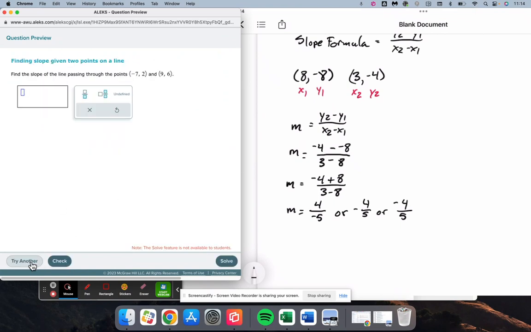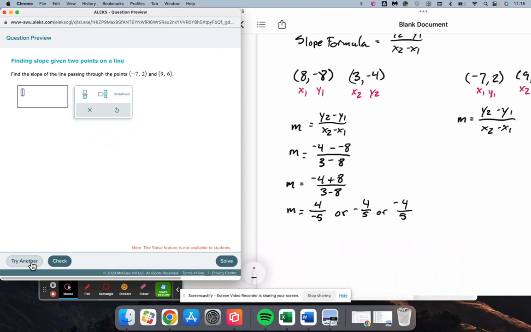We'll do another. Again, our formula, the slope is equal to y2 minus y1 over x2 minus x1. And our points are negative 7, 2 and 9, 6. Very important to label. x1, y1, x2, y2.